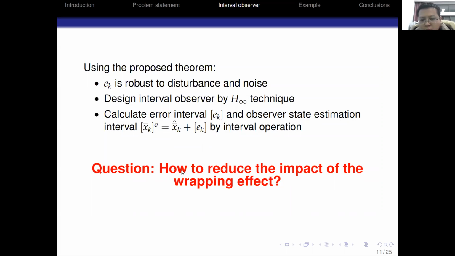The wrapping effect occurs because of the interval observer. We can calculate the error interval, but as time increases, the interval gets bigger and contains many more useless states.